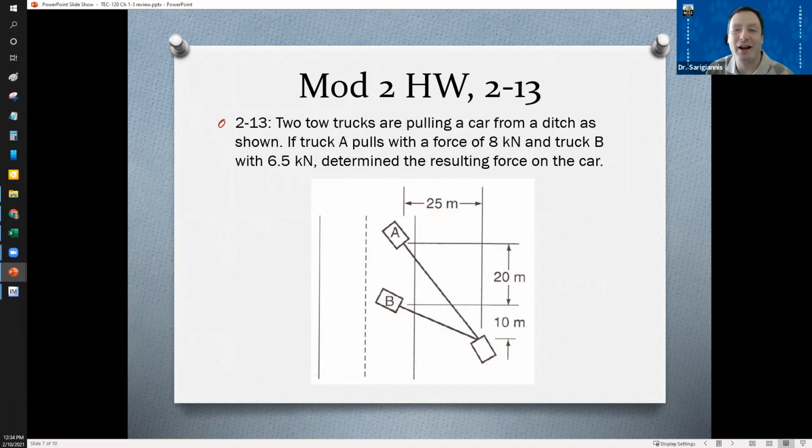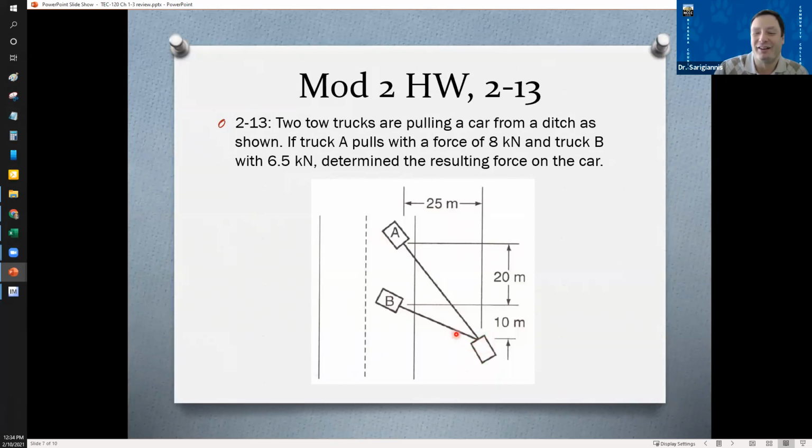We've got two tow trucks pulling a car from a ditch, right? And the tow trucks are labeled A and B. And we know the distances they are from the car, wherever they're hitching the car from. Now, I have no idea if you'd even try this in real life.